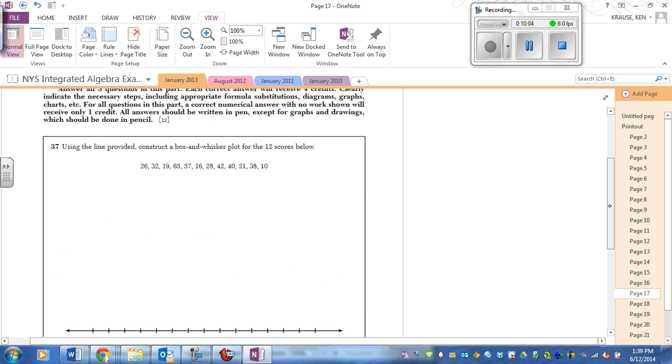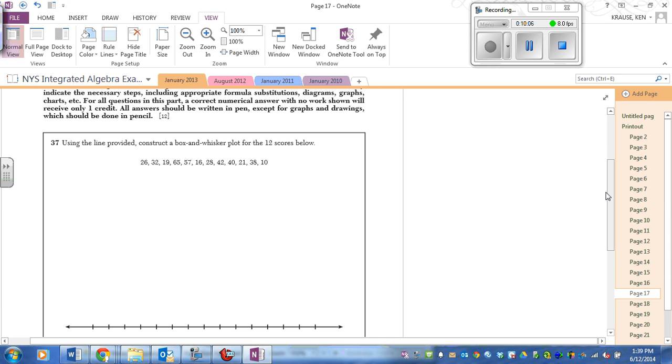Construct a box and whisker plot for 12 scores. Let's see. 16, 19, 20.